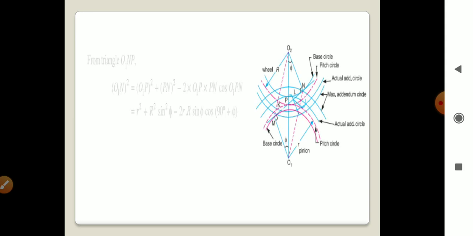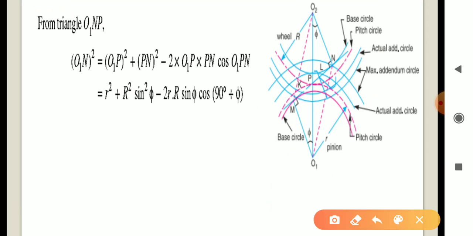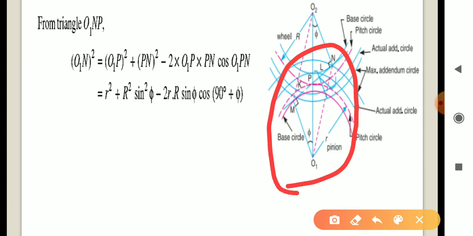So from this figure, we can now see triangle O1NP. O1 will be here, N will be here, and P will be here.